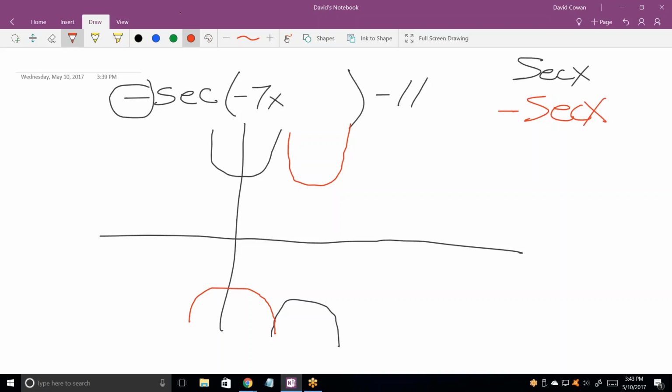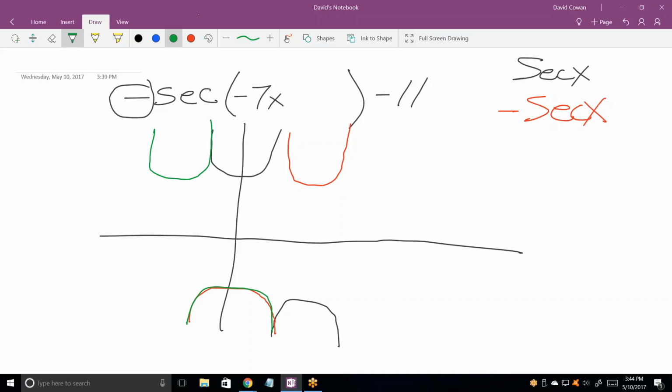I think that if I do it in green, if I flip the red, oh yeah, you're right. It doesn't flip it back to how it was. It flips it to there and there, which is actually the same secant function.